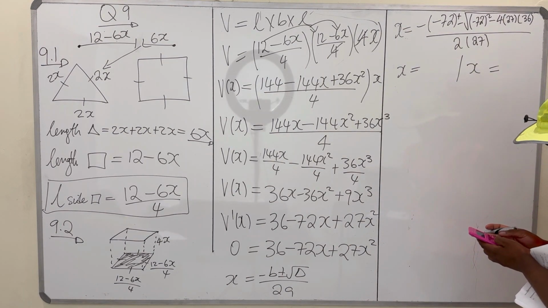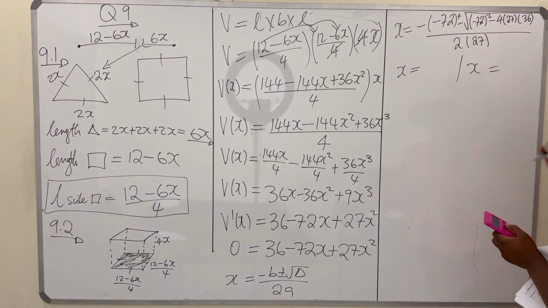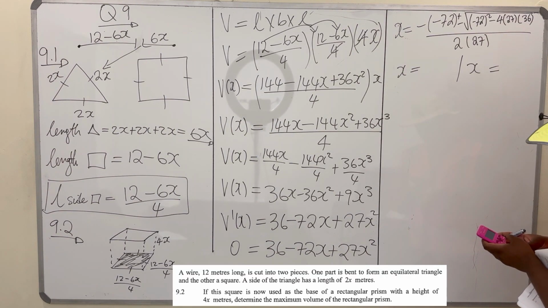So x is equal to, let's go, negative b, which is negative 72, plus the square root of negative 72 all squared, minus 4 into a, which is 27, c, which is 36, over 2 into 27.